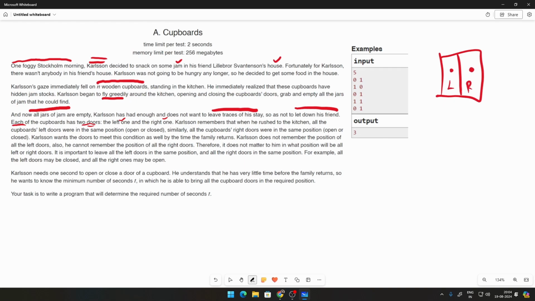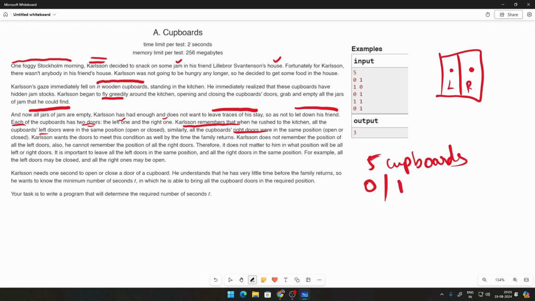Now Carlson remembers that when he rushed to the kitchen, all the cupboards' left doors were in the same position and the right doors were in the same position. Meaning, let's say there are 5 cupboards. Let us consider a door being open as 0, and a door being closed as 1.